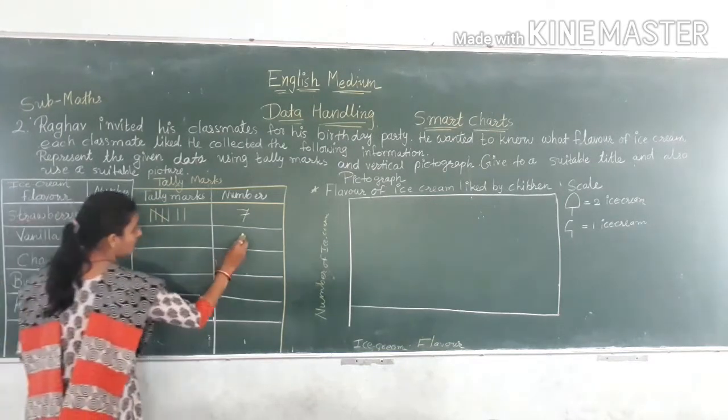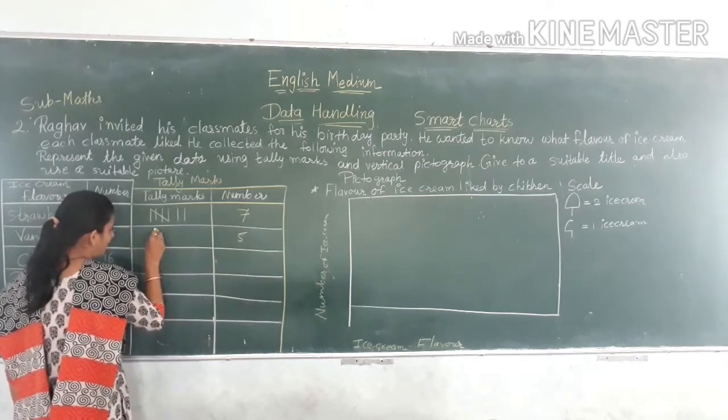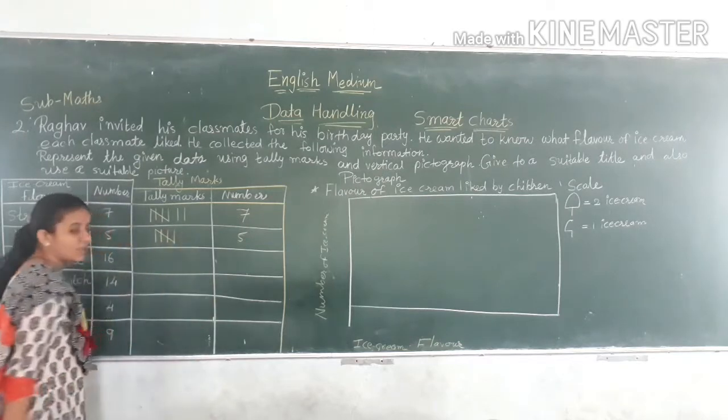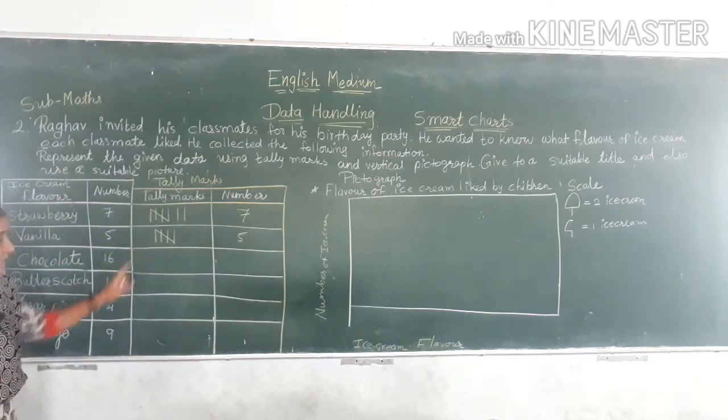So first we draw 4 vertical lines, 1, 2, 3, 4, and 1 cross line. It is called 5.